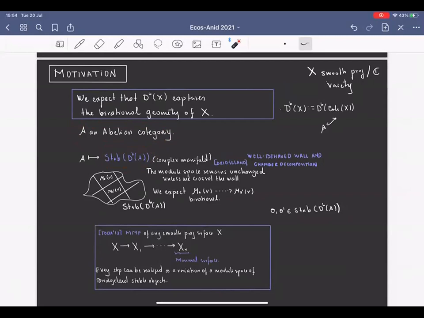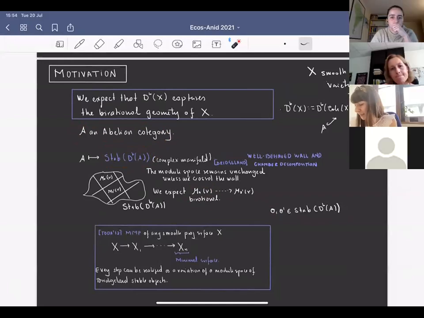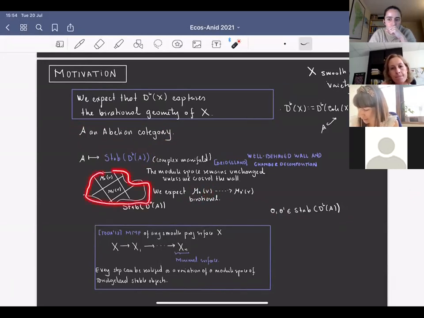And it has some nice features. For example, it has a well-behaved wall and chamber decomposition. More or less what it means is that if we have a stability condition, and if the moduli space of objects in our abelian category with some fixed data exists, then in the stability manifold we're going to have some chambers where the moduli doesn't change, and when we cross a wall, it's going to change.